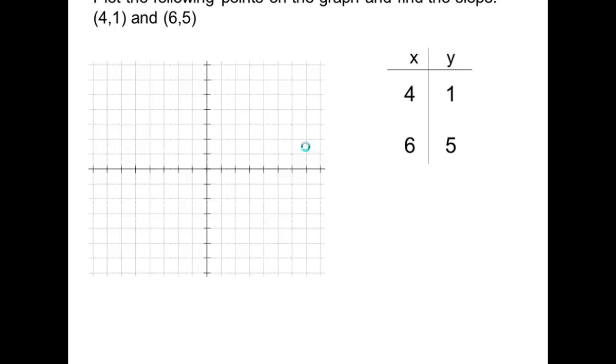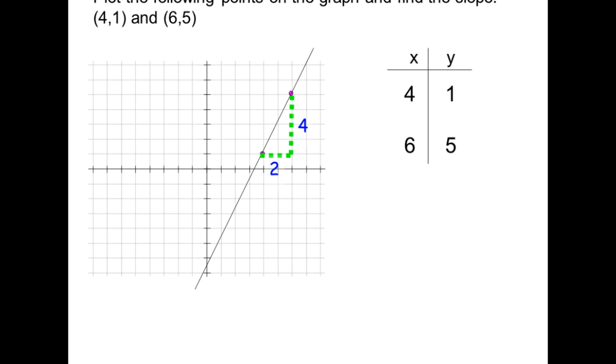Alright, so here we are going to find the slope between the following points. Now one thing we can do, we can actually graph the points. Alright, and then we draw the line, and now we can go ahead and find the slope. So here we rise, and then we run.